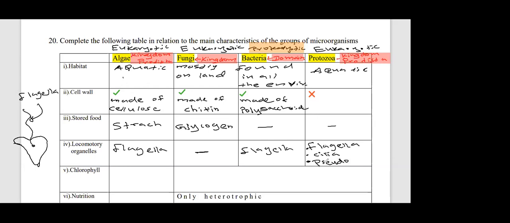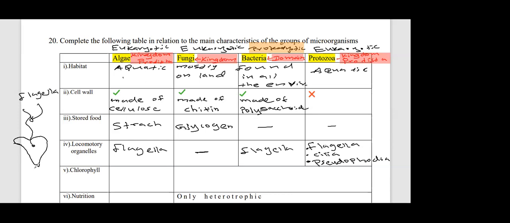Pseudo means false, false feet. Flagella means kashika, cilia means pakshma, pseudopodia means vyajapada. So these are some of the locomotory organelles of protozoa. For example, Euglena has flagella. Don't worry, we are discussing the names of the organisms separately.